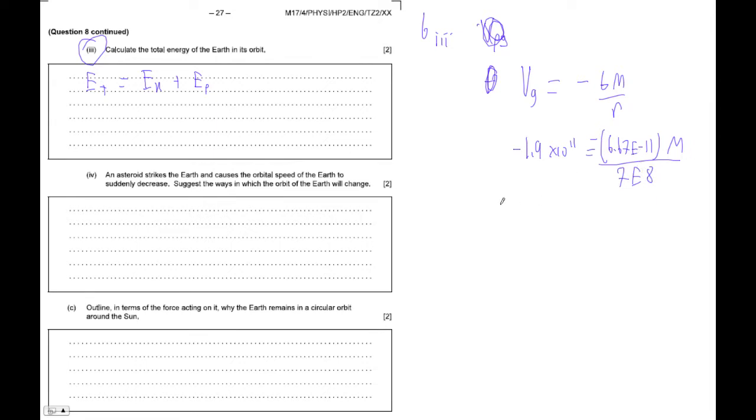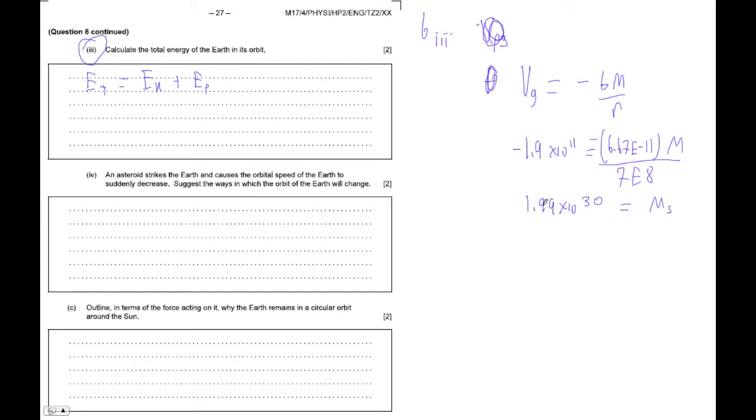We ought to be able to figure out the mass of the sun. So the mass of the sun, the minus signs go away, is 1.9 E11 times 7 E8 divided by 6.67 E minus 11. This is roughly 2 times 10 to the 30th, which equals the mass of the sun.